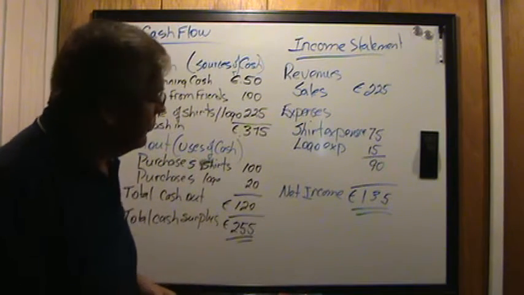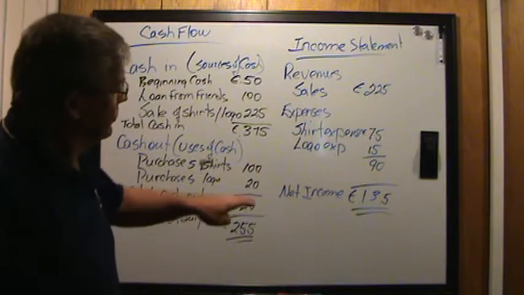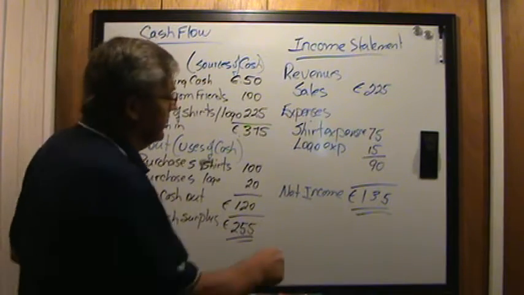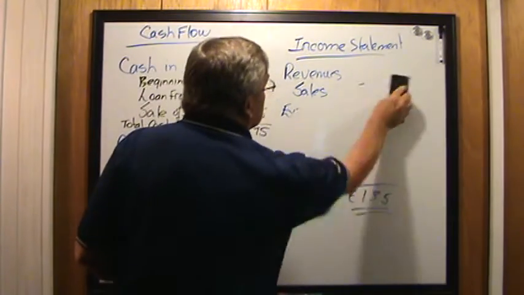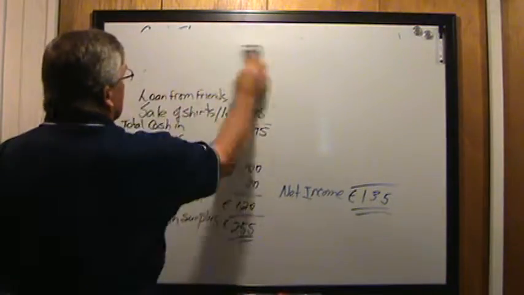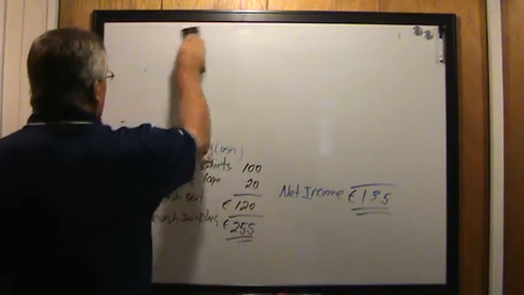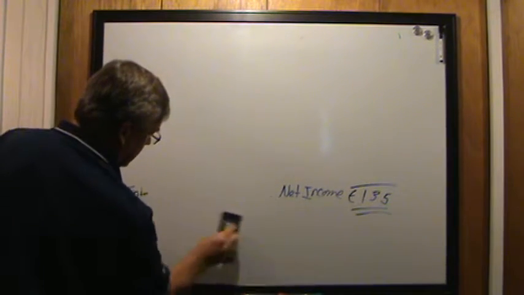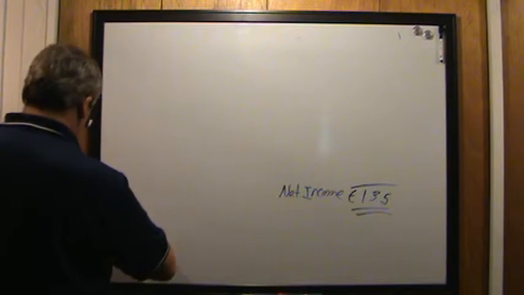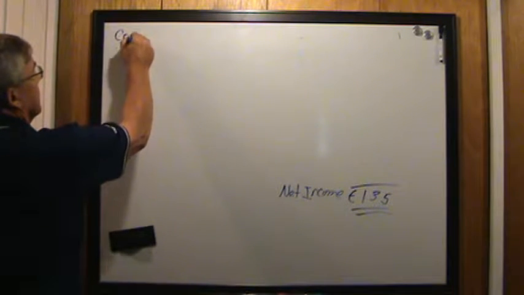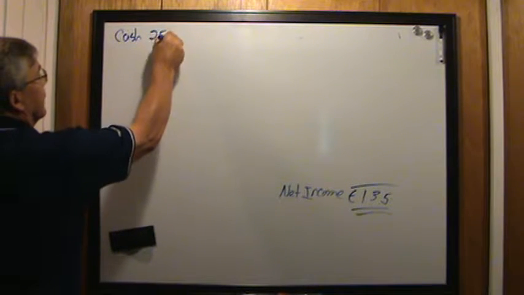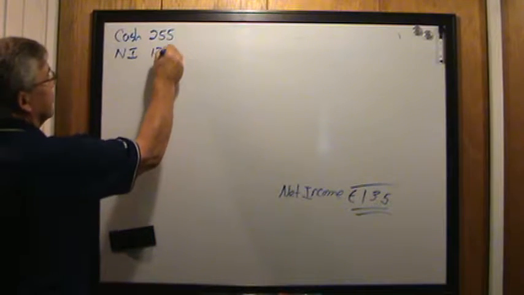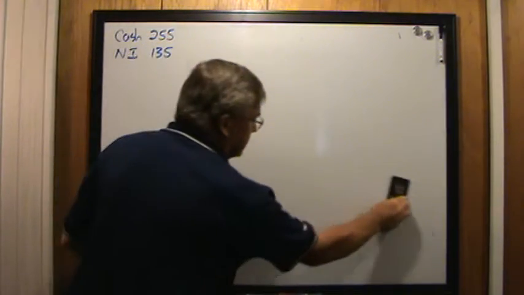Okay, so the balance sheet, let's go to that, but what I want you to remember are these totals here, because we're going to need those for the balance sheet. So up here I'll just say cash is 255 and net income is 135. All right, now let's get to the balance sheet.